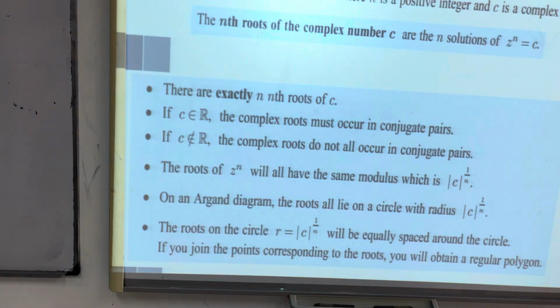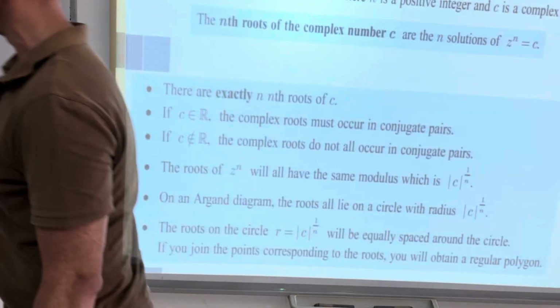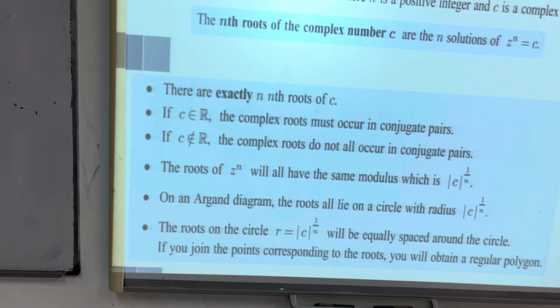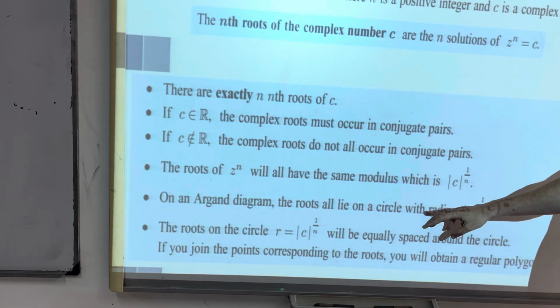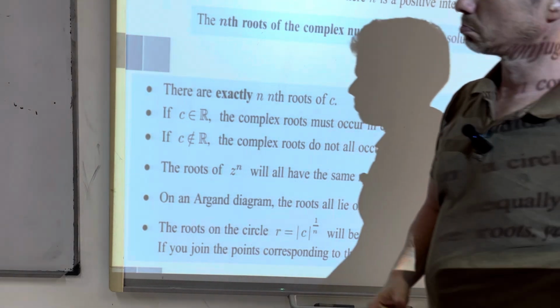The roots of z will all have the same modulus, so we just did that. You can see here they're all root 2. It won't change because they all have to be put to the same power. They all lie within a circle that has that as a radius.